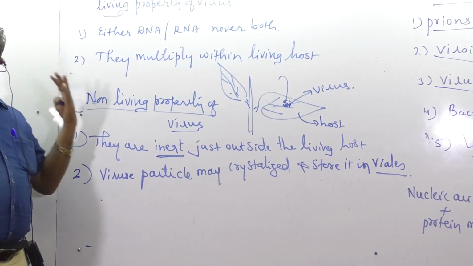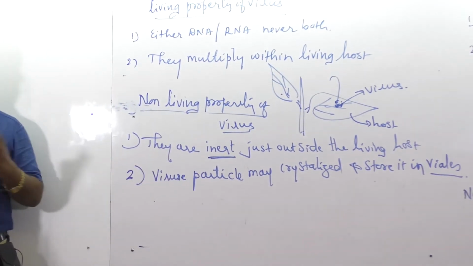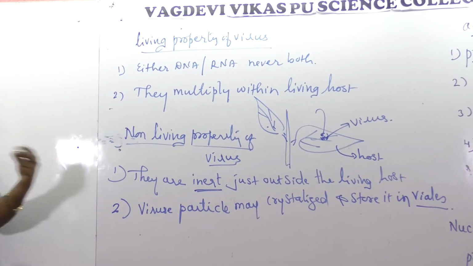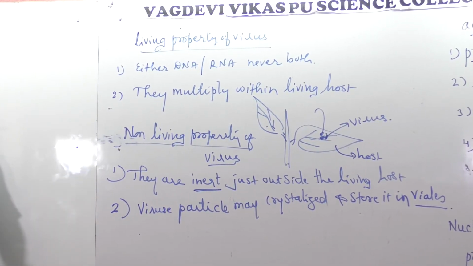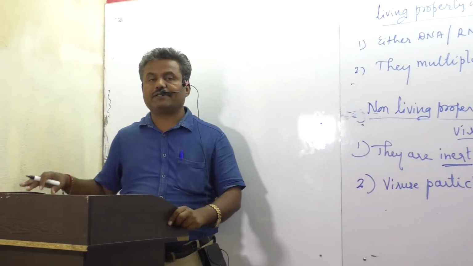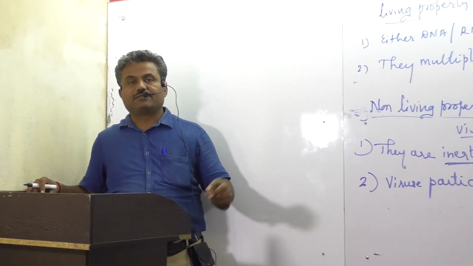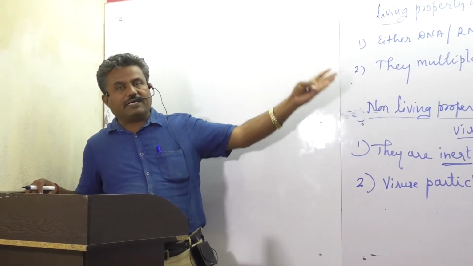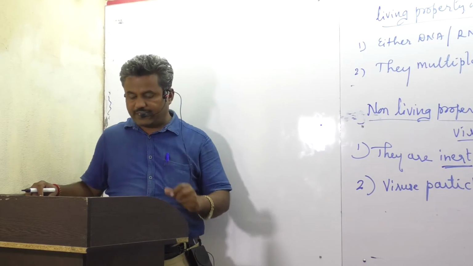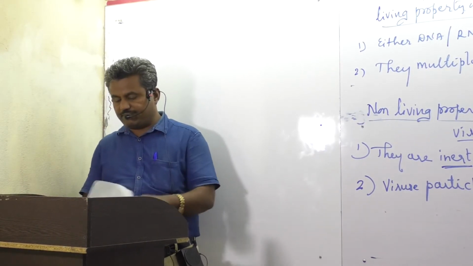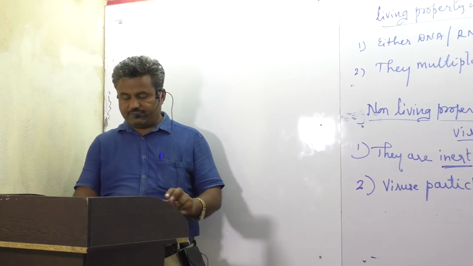It is crystallized. It can be cut into small pieces, or converted into amorphous powder. That is a non-living property. So here it shows both living as well as non-living properties. That's why it is a dual organism, virus.